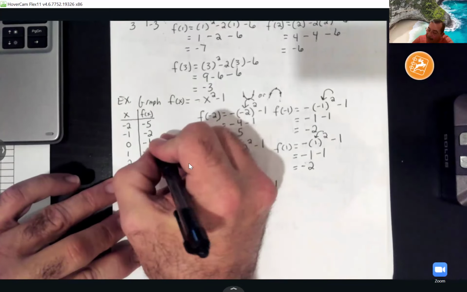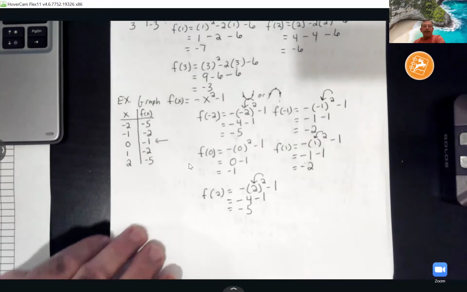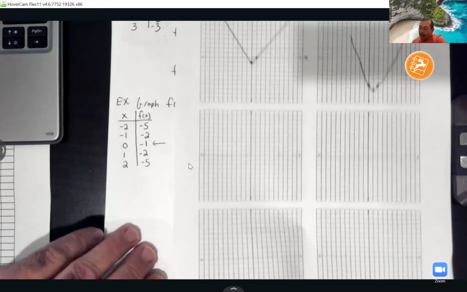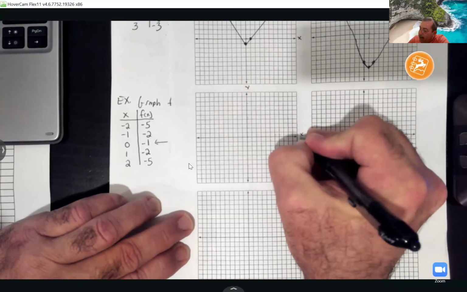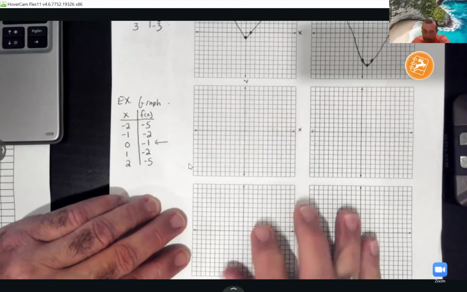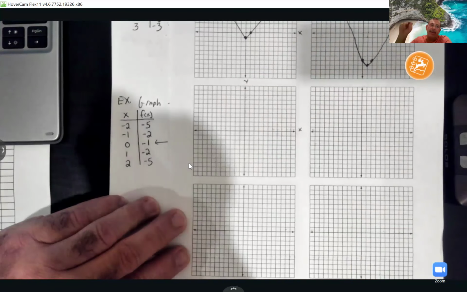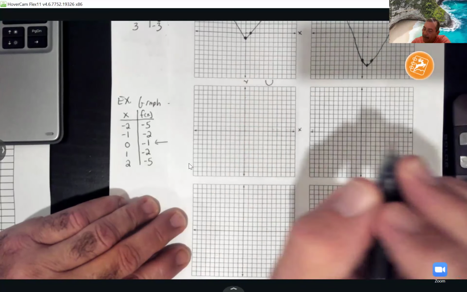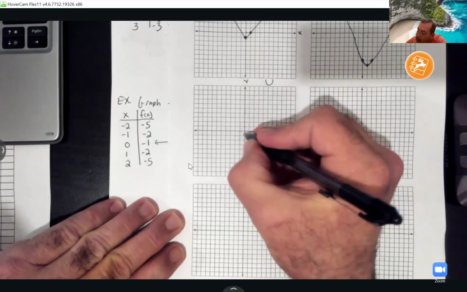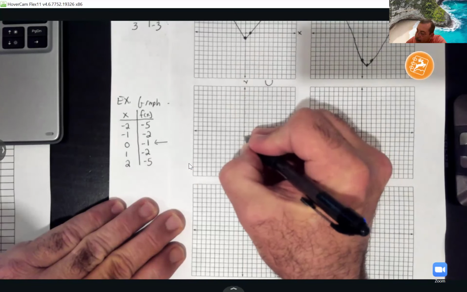So I'm going to graph it. I would do my 0, -1 first, probably. So here's my y and my x. X squared graph, remember, so it's going to be the U-shaped parabola when you graph it. So 0, -1, 0 is in the middle, go down 1.